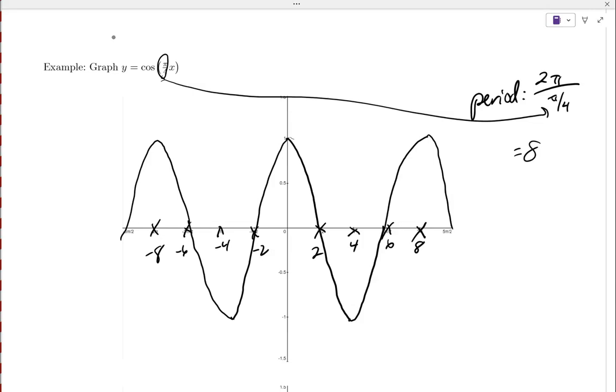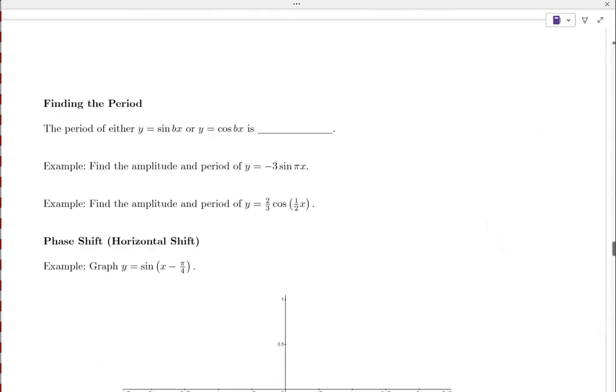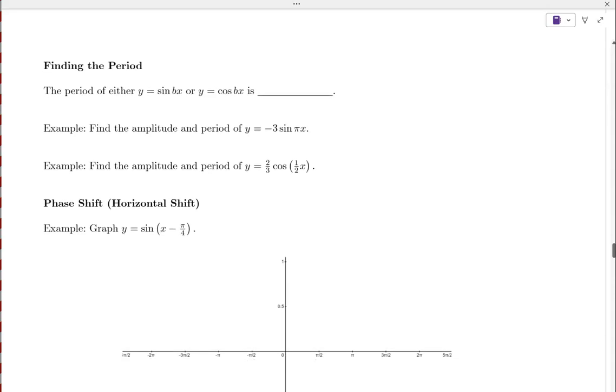Does that make sense? Okay. All right. So let's see if we can summarize this. When you're finding the period of y equals sine of bx or cosine of bx, well, again, the original period is 2 pi.